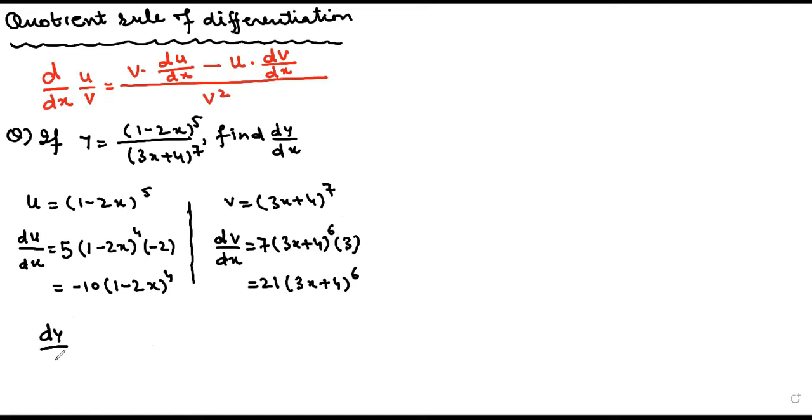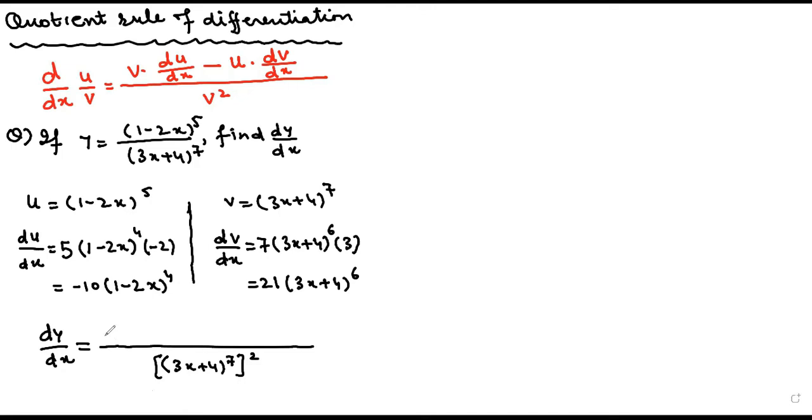Dy over dx is equal to, we will write down v squared in the denominator. V is (3x plus 4) power 7, the square of the function in the denominator.